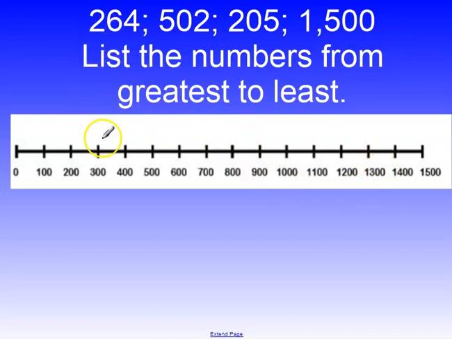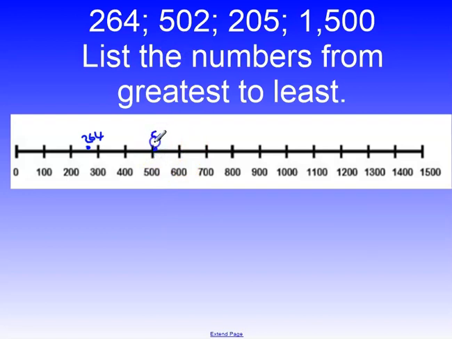We have 264. So that would be approximately right here. 264. Let me fix that 2 a little bit there. Okay. The next number is 502, so that's going to be almost right down that line.